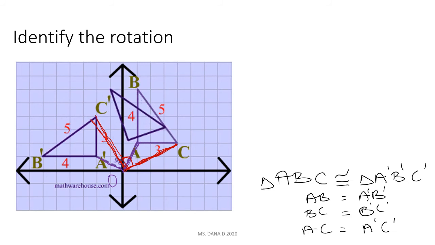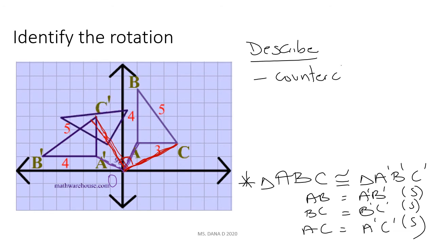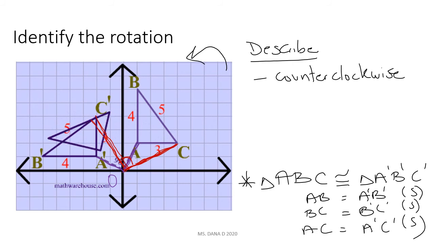Now, if I need to describe this rotation, we have noticed that the triangles are congruent, where the sides are all congruent. Okay, now I'm going to talk about describing this rotation. If I need to describe this rotation, it will be counterclockwise, because it's going the opposite of a clockwise.